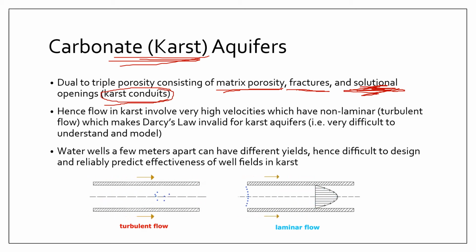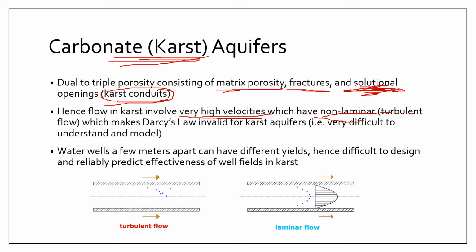Okay, so you can expect groundwater in here to travel really fast. Okay, so these involve really high velocities. And the problem with high velocity flow of water is that they have a more or less erratic behavior.